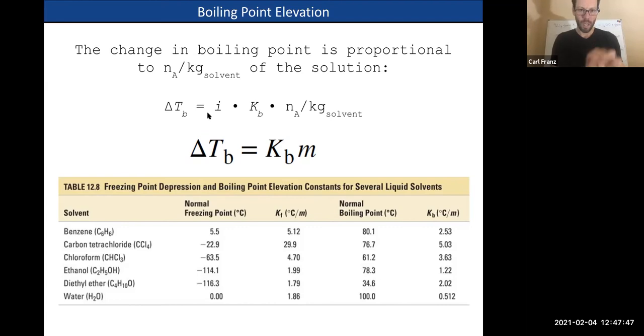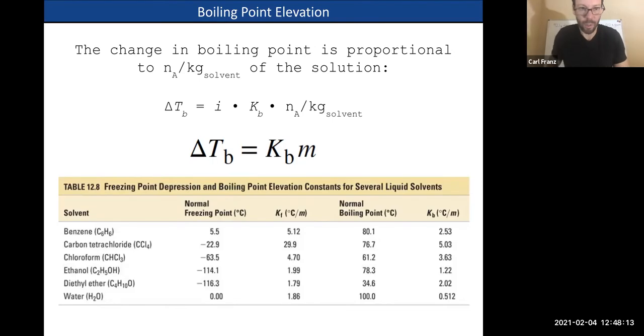It's not really going to play a big role in the first couple problems, so we'll talk about it later on. We can simplify it and just say that the change in boiling point temperature is equal to K times molality, right? Because molality is moles over kilograms, okay?